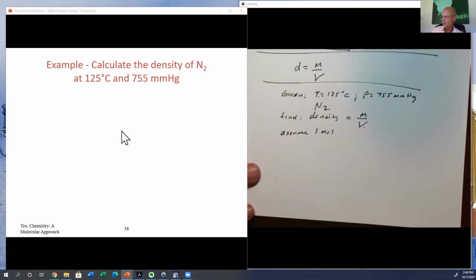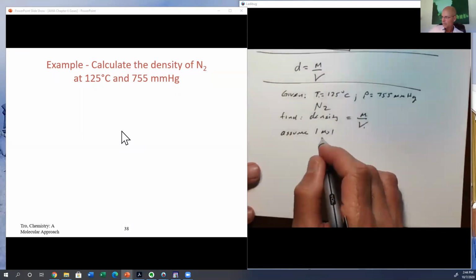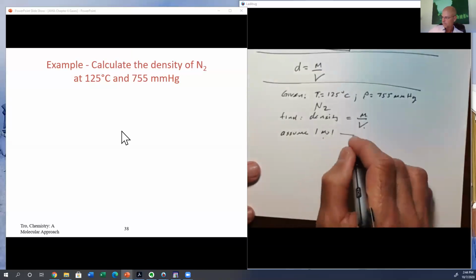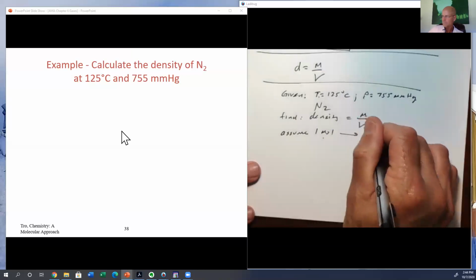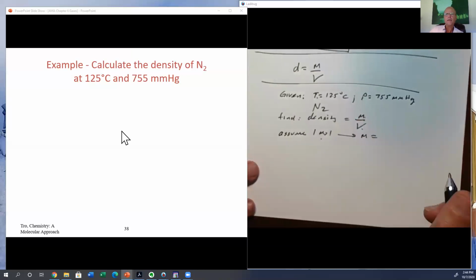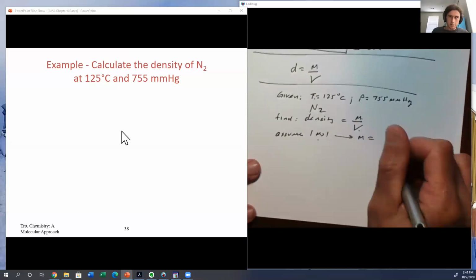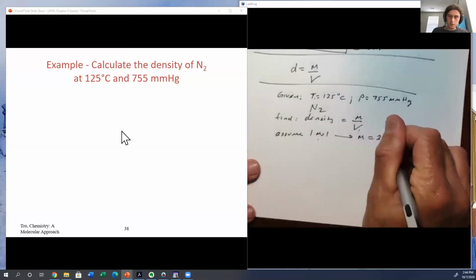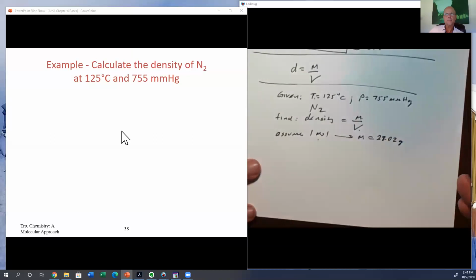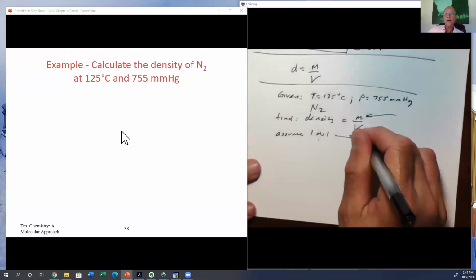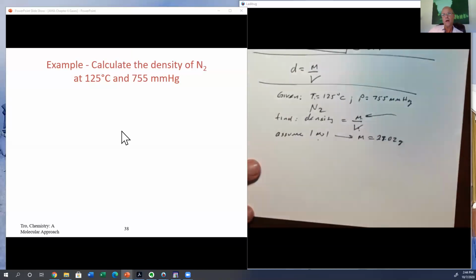So what's the mass of 1 mole of nitrogen? 28.02 grams, I believe. Correct. It's the molar mass, the mass of 1 mole. So there's our numerator for 1 mole. Now we need the volume of 1 mole, which is the molar volume.